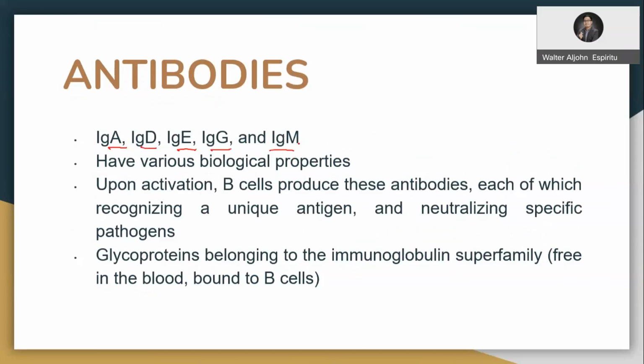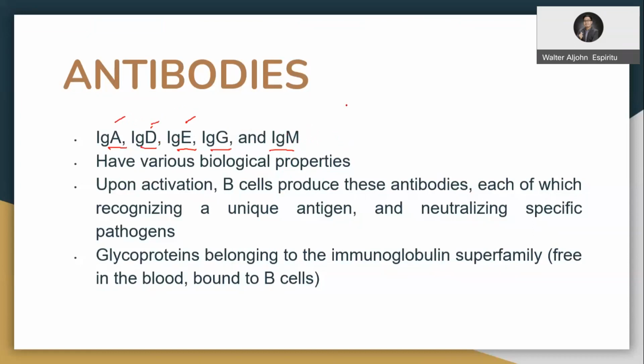For example, IgG and IgM are the first used by the body in combating diseases. We also have IgE, which has antiparasitic properties. IgA is the antibody in secretions, such as in the mucosal linings.